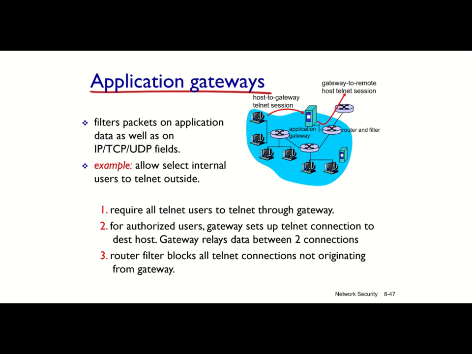And if the users are not authorized, the application gateway simply blocks those messages. But for the other messages that come from the authorized users, the gateway simply relays them to the telnet server.